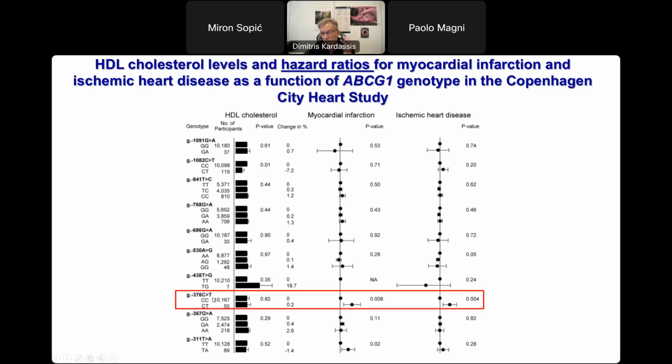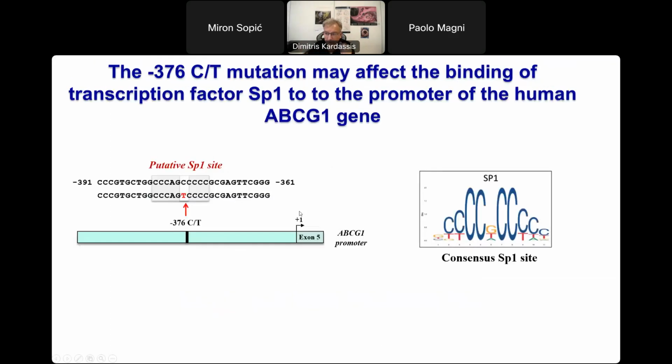So these results prompted us to investigate whether this variant here was a mutation, not just a variant, let's say a silent polymorphism, but indeed a real mutation that can cause the myocardial infarction and ischemic heart disease.